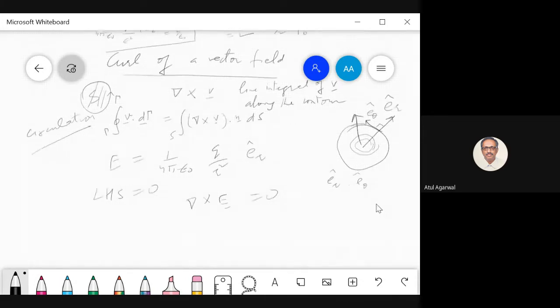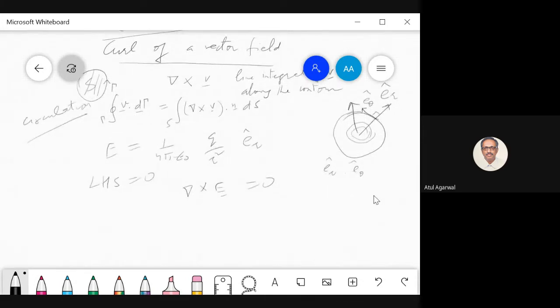So what is the importance of curl for us? Now you see, curl is a vector. So what is usually done is how you interpret it. You take some directions x, y, z.